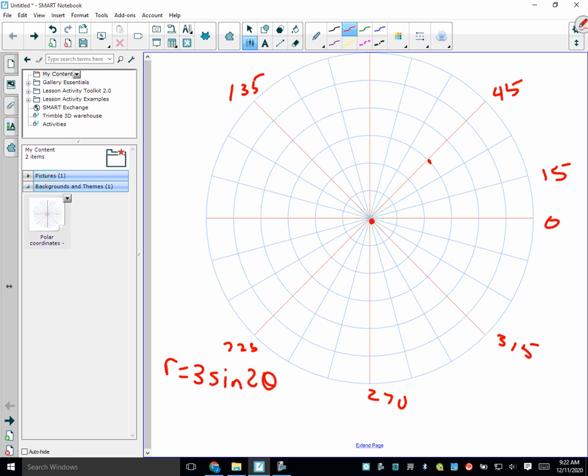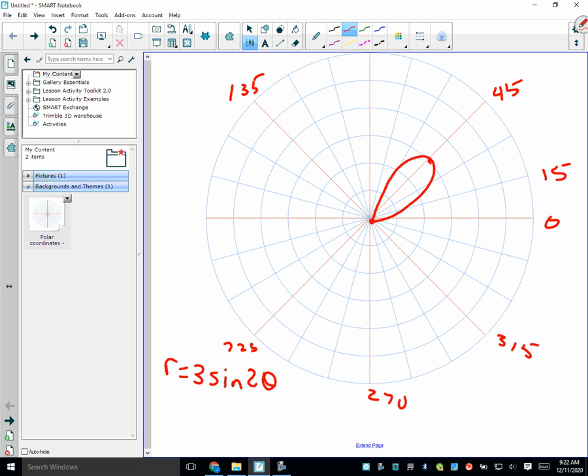So 45 degrees, what would we plot after 45 degrees? How about 90 degrees? What is that? 0. So I think it did this, didn't it? Do you see that?